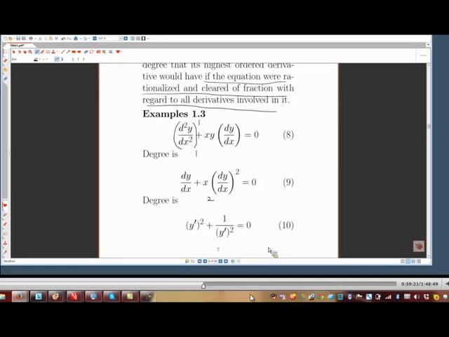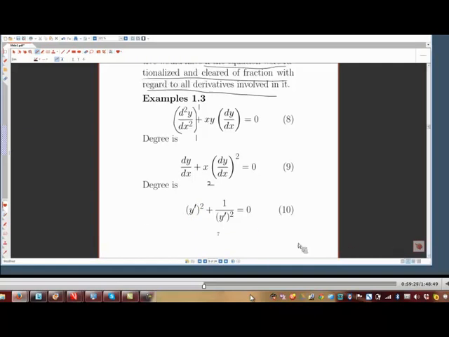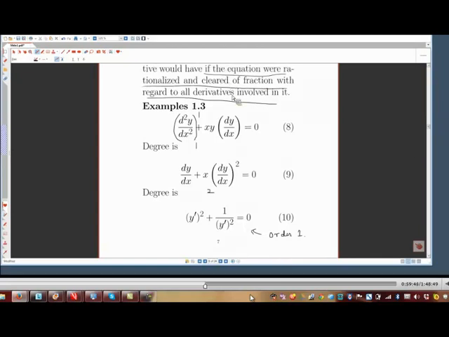Very good. So order is 1. Degree is what? Okay, I agree with you completely, order is 1. Now the second part comes into the picture. Degree is actually 4 here.